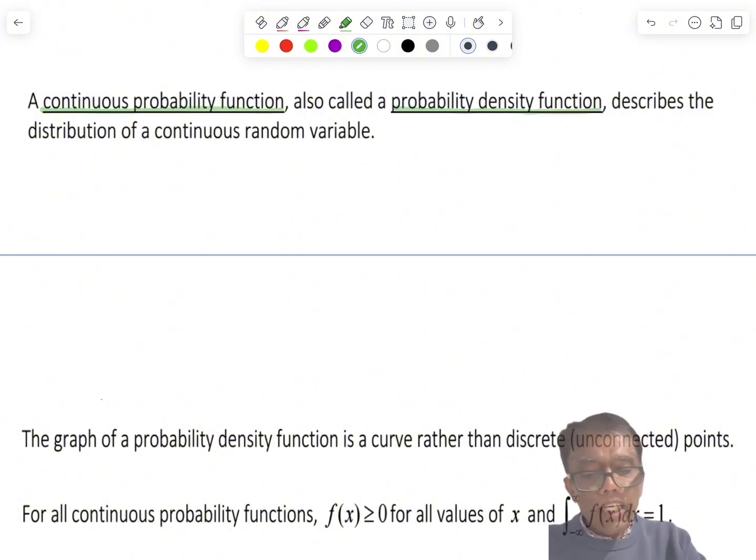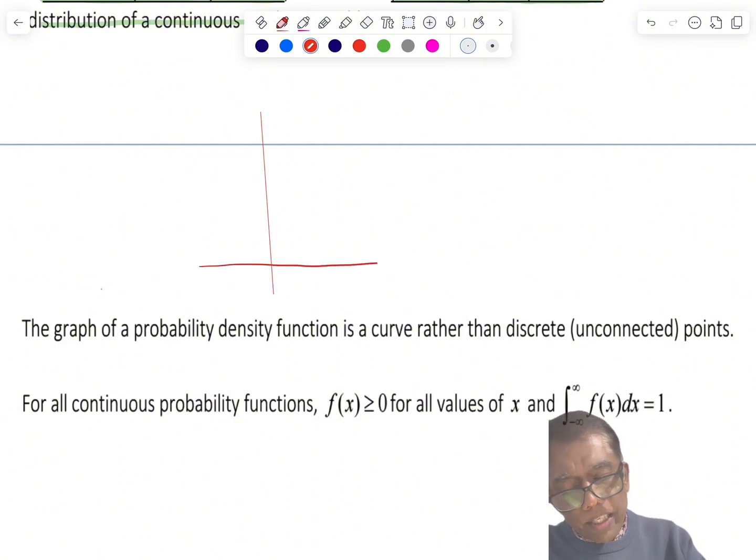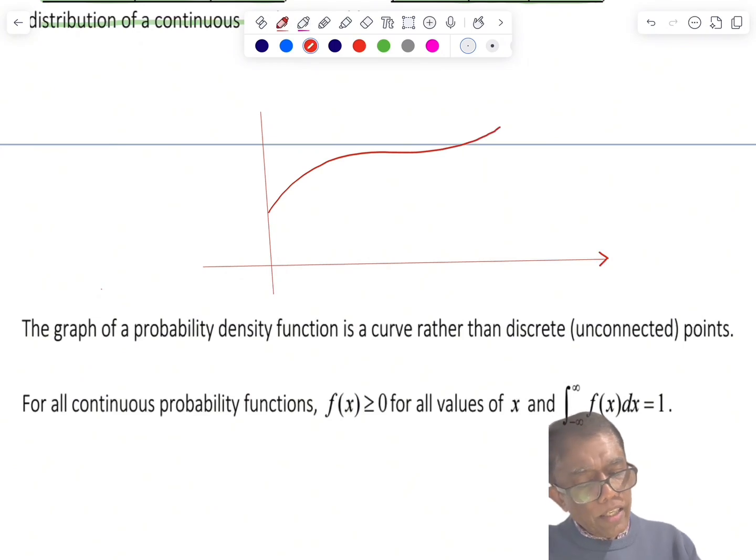If I draw the continuous probability density function, I'll take it as f of x. This is x, this is f of x. The graph of the probability density function is a curve rather than discrete points.